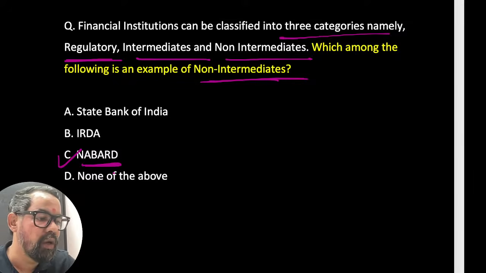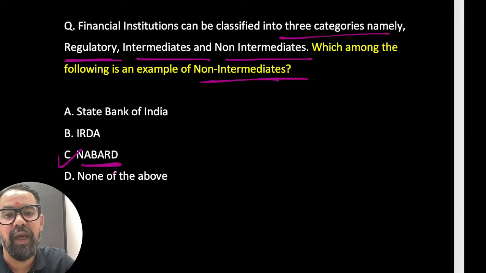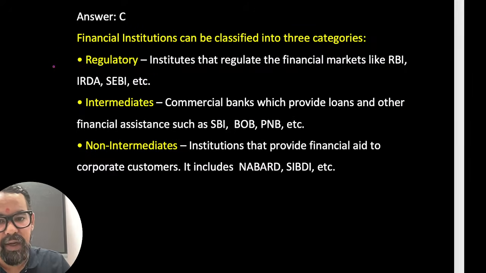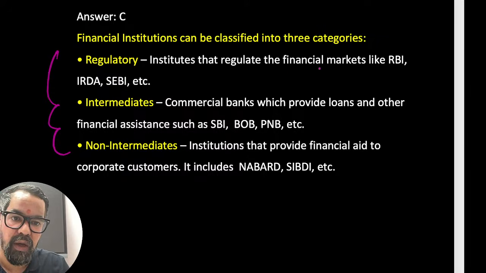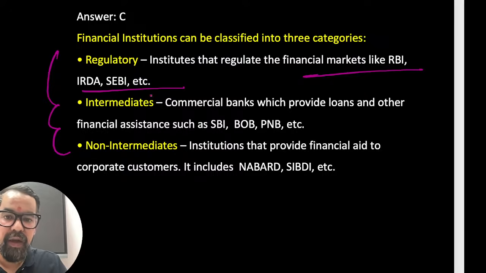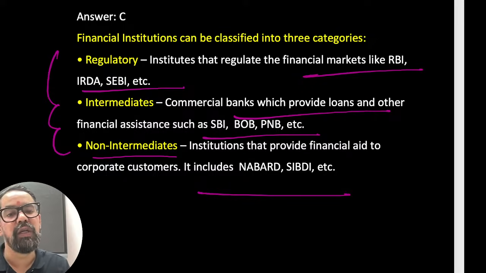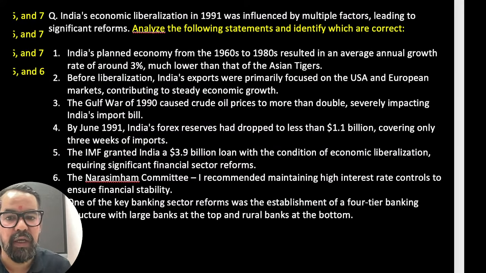So these all work on the refinancing process, they refinance in the system itself. Regulators like RBI, SEBI, IRDA, PFRDA. Intermediaries like banks and NBFCs. Non-intermediaries, the apex financial bodies or institutions, generally come under this one.